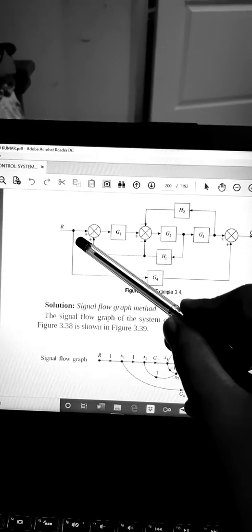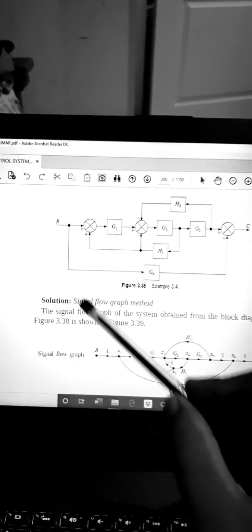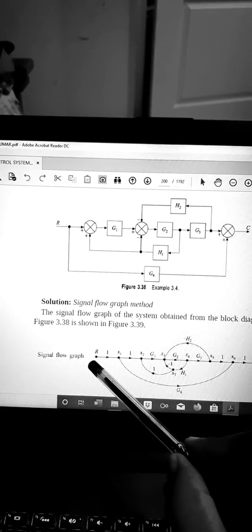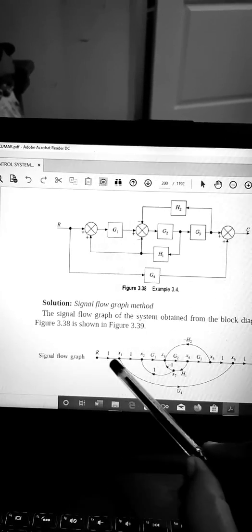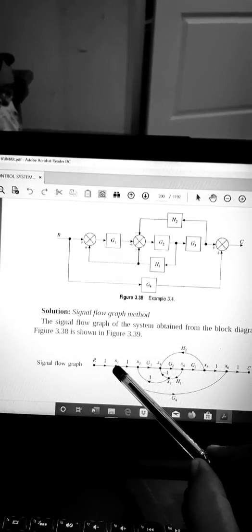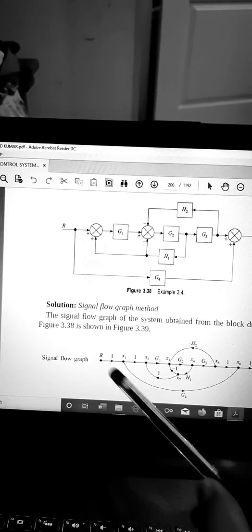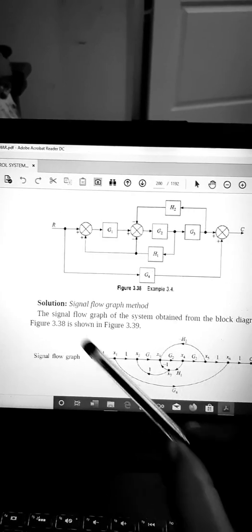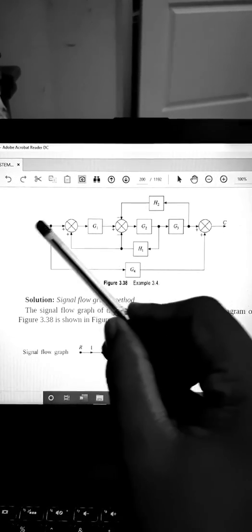So till that branch you can see that here one R, then here is x1, and the gain between this and this, you know that there is no block like this, so you are putting 1 here.